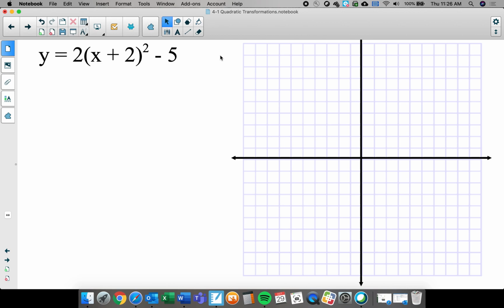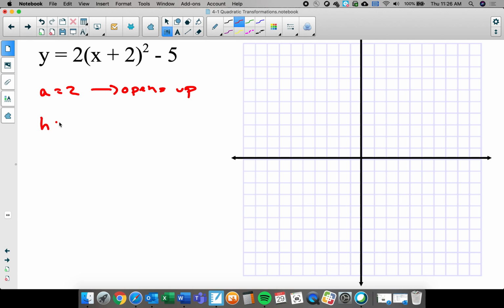In this portion, a is 2, which right away tells me that this parabola is going to open up because it's positive. So I've got some information right away. h in this case is negative 2, because remember when you look at the equation, the horizontal shift, which is your h, is always the opposite of what it looks like in the equation.